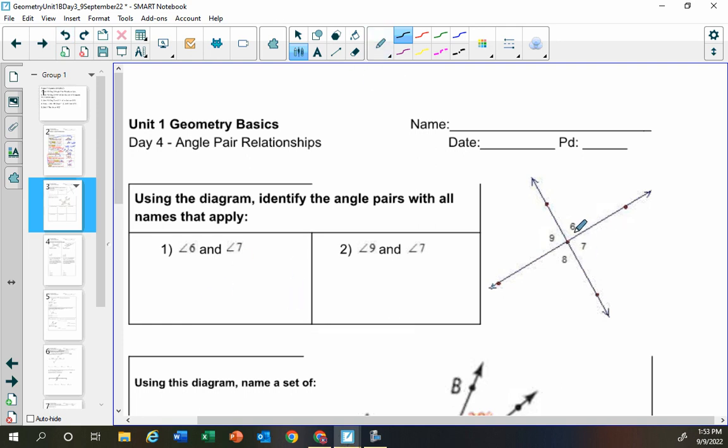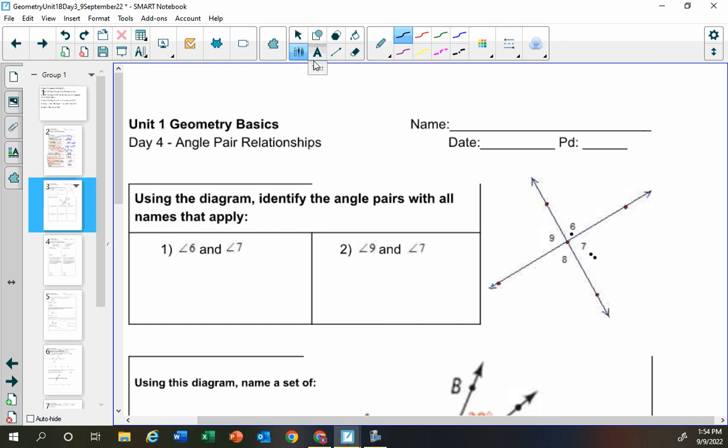So let's do angle 6 and angle 7. We want to try to figure out how we can describe angle 6 and 7. So angle 6 is right here, and angle 7 right here.